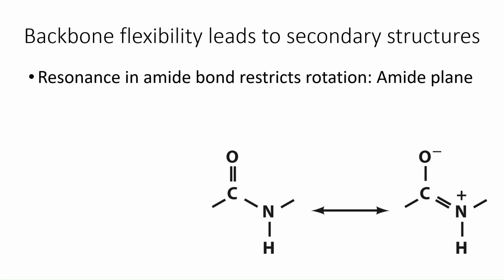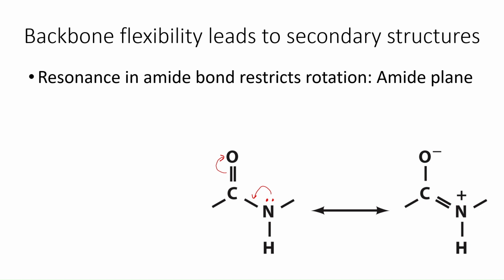So if we look at our amide bond, which is drawn on the bottom of this slide, there's actually a resonance structure. On the left, we have our typical peptide bond, amide bond that we imagine when we think about amino acids and polypeptide chains. But on the right, you can see that it can form this resonance structure where you have this lone pair of electrons on the nitrogen that can form a double bond with the carbonyl carbon, and then, of course, this double bond pushes that electron pair up to the oxygen.